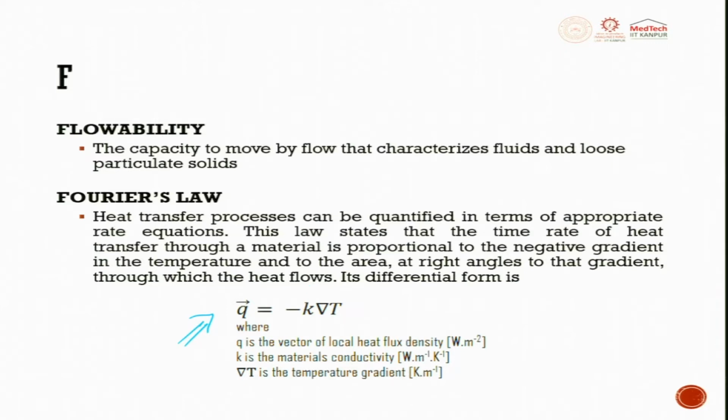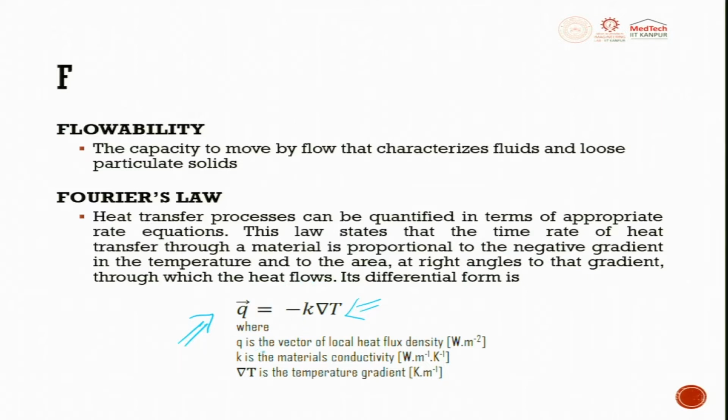I will not ask you in the examination to memorize and write the definition, but I can ask you some basic questions around this Fourier's law. The law states that the time rate of heat transfer through a material is proportional to the negative gradient in the temperature and to the area at right angles to that gradient through which the heat flows.